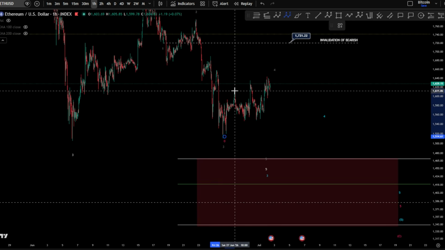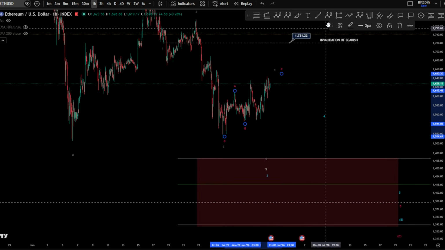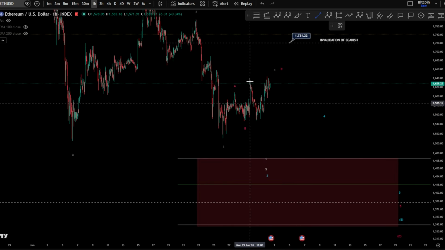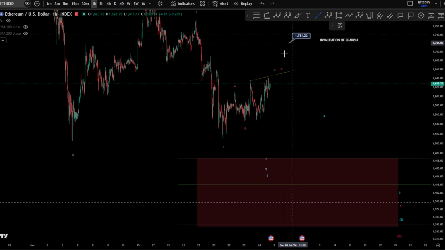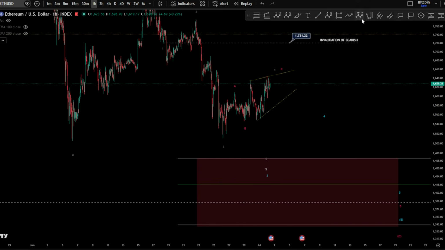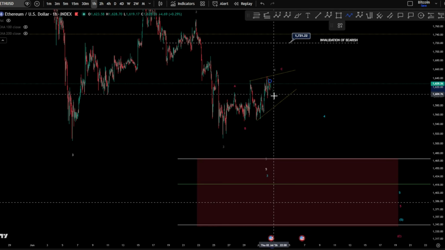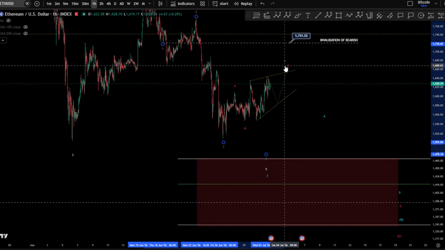The ABC is the 5 waves here, 1 2 3 4 and a 5, wave B and a wave C. Your wave C is likely to be a diagonal here, where you might have 5 waves up again as an ending diagram. So we're looking here for this potential move to finish a wave C in a wave 4.